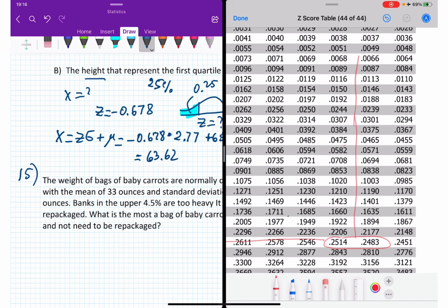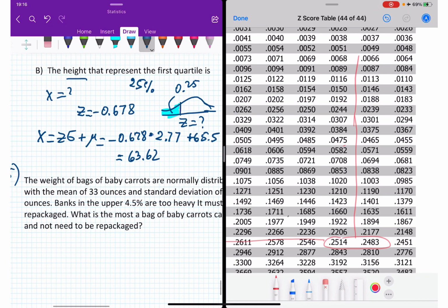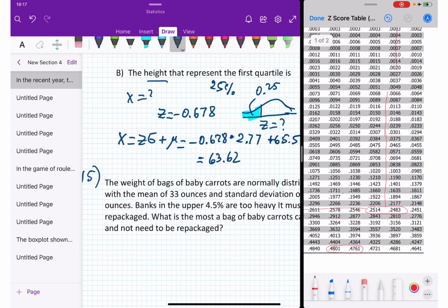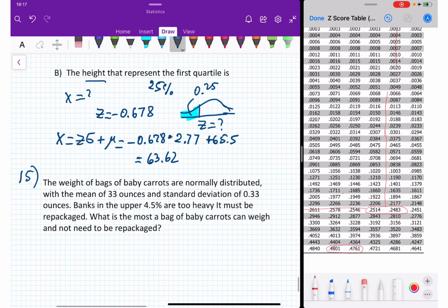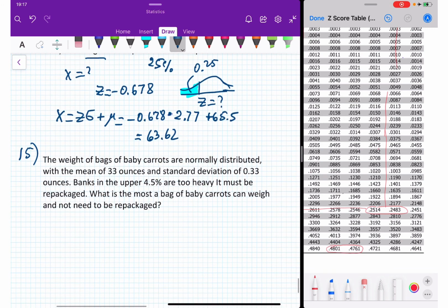Question number 15. So what do we have? The weight of the bag of baby carrots are normally distributed with a mean 33 ounces.